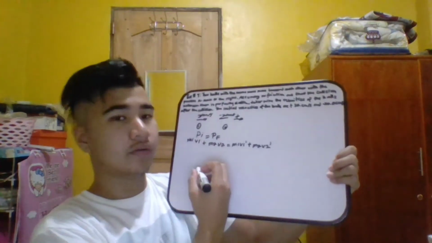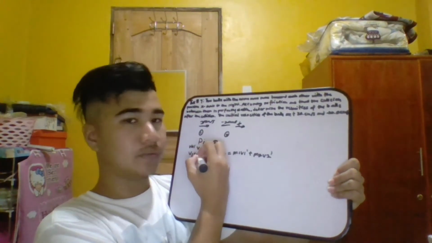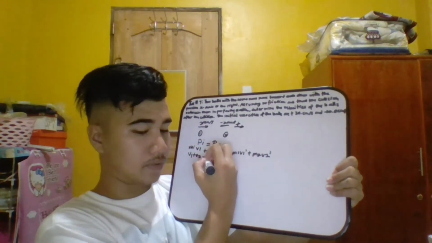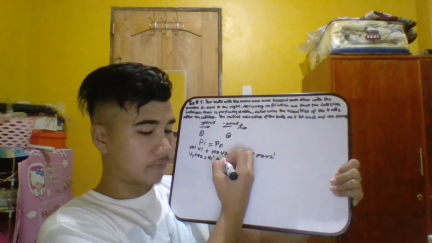We have here v1 plus v2 equals v1 prime plus v2 prime.